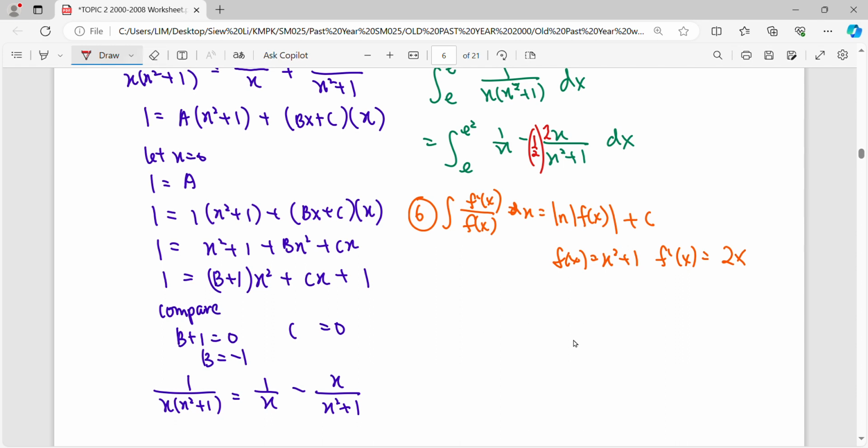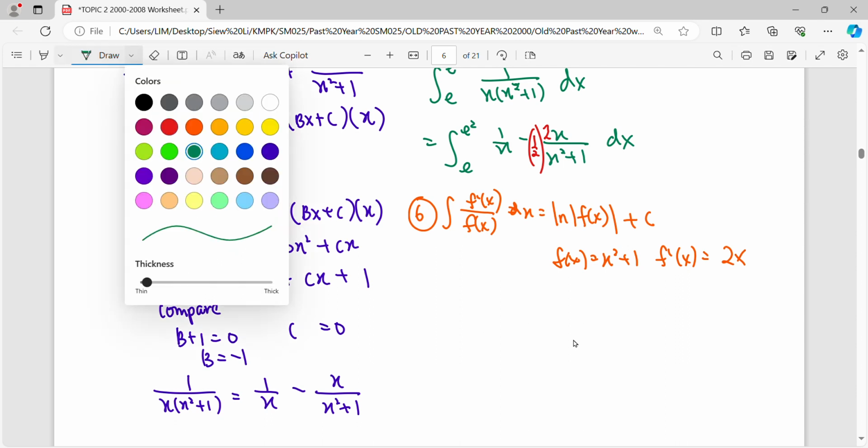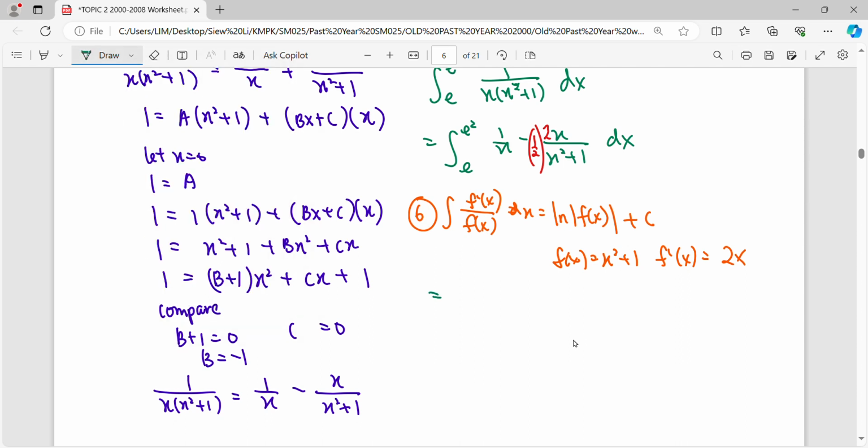Alright, when I rewrite this, it becomes the integral from 1 to e squared of 1 over x dx, minus 1 over 2 times the integral from 1 to e squared of 2x over x squared plus 1 dx, so that we can get the pattern. This is f x, and up here is f prime x.